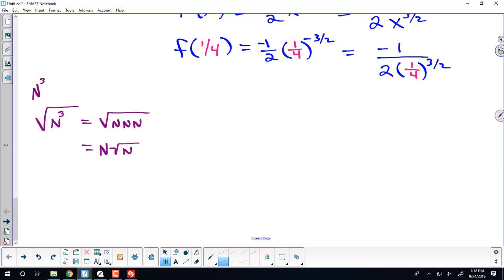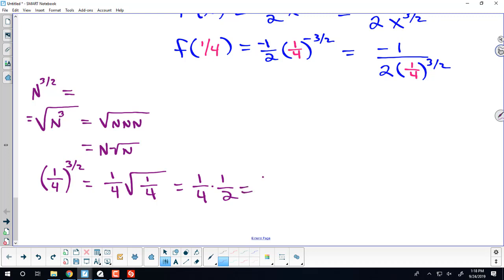Some number to the 3/2 is equal to that. So 1/4 to the 3/2 is 1/4 times the square root of 1/4. So that's 1/8.